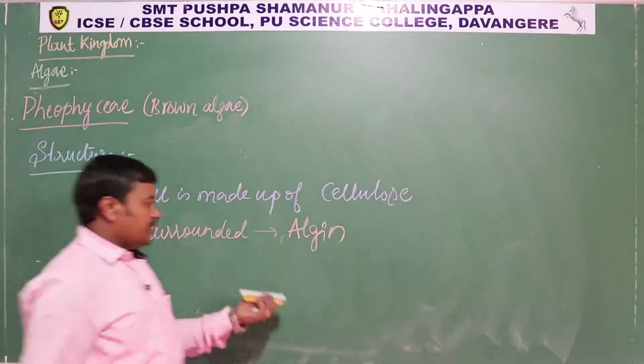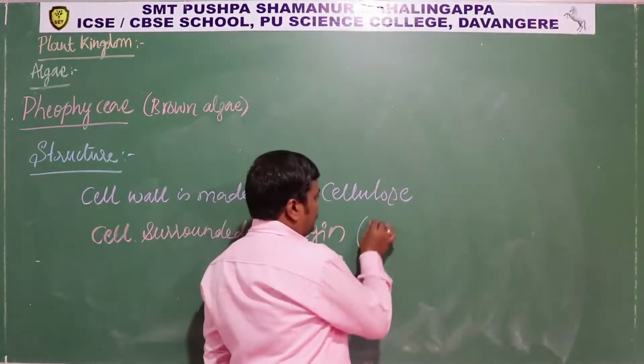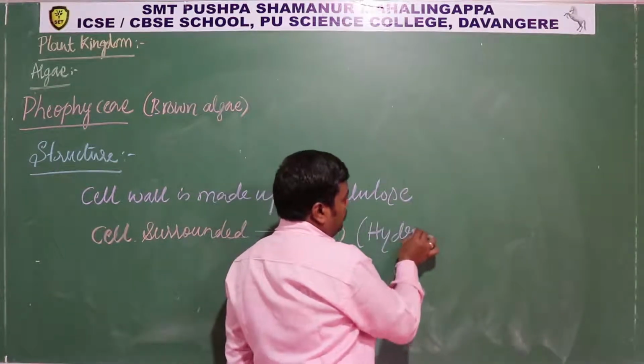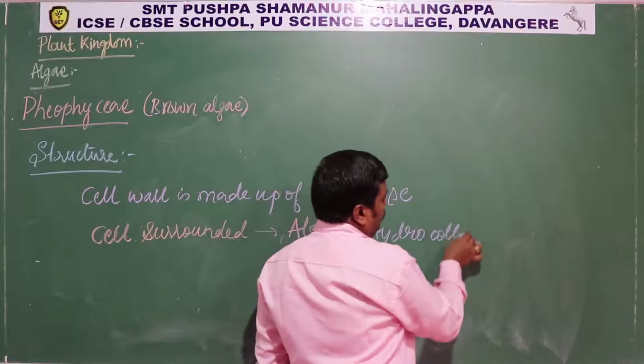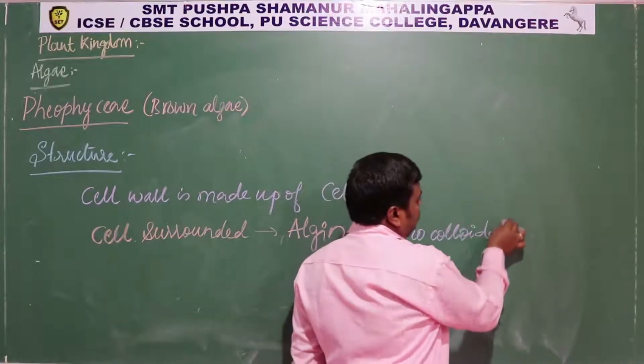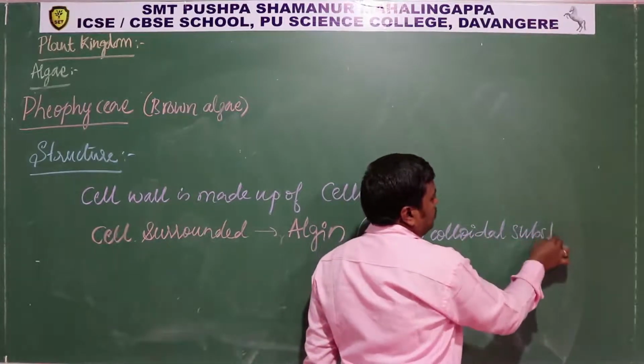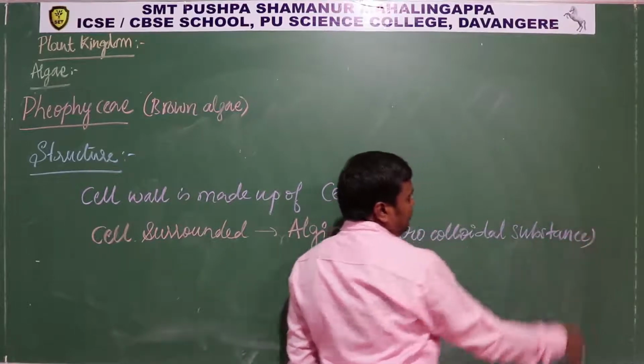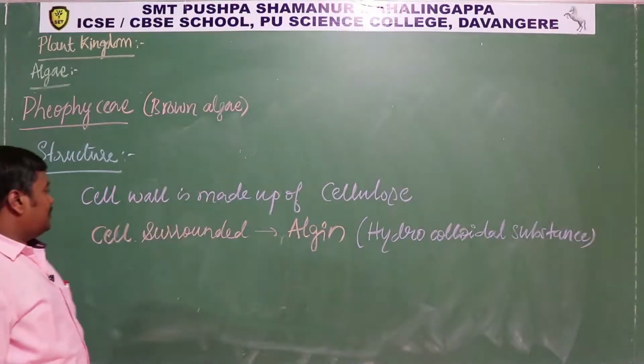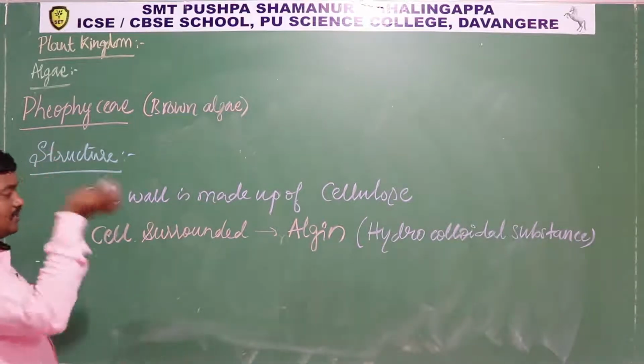Algin is a hydrocolloidal substance. So this is about the simple cell structure.